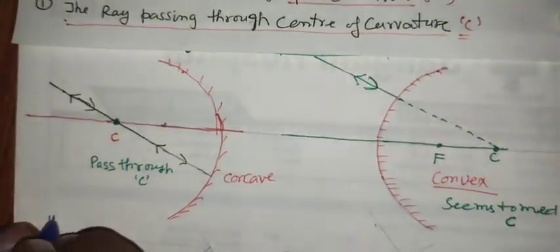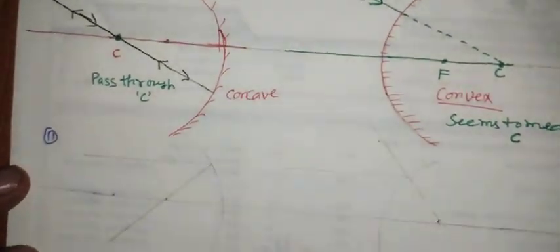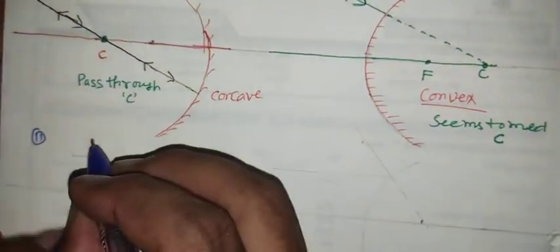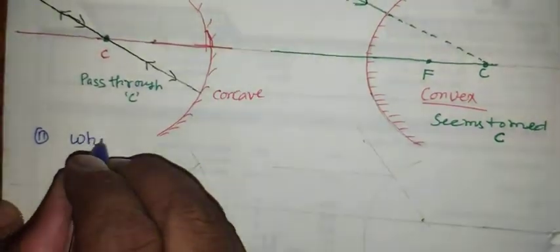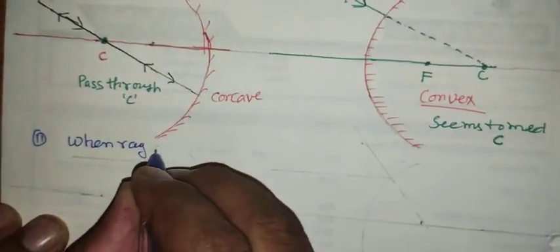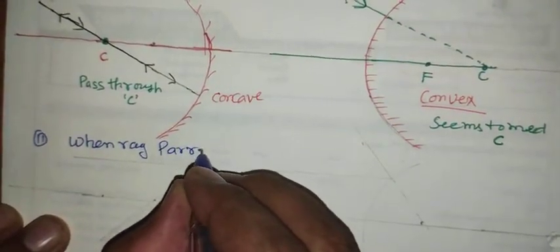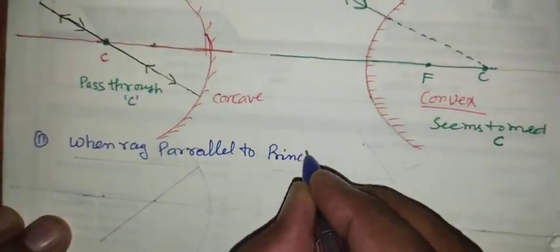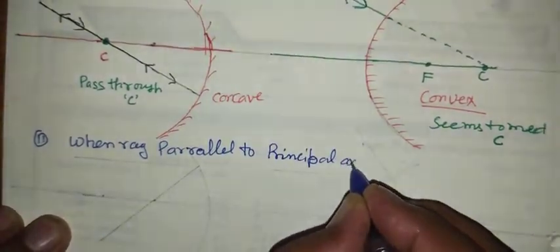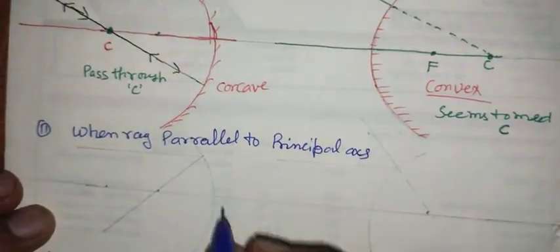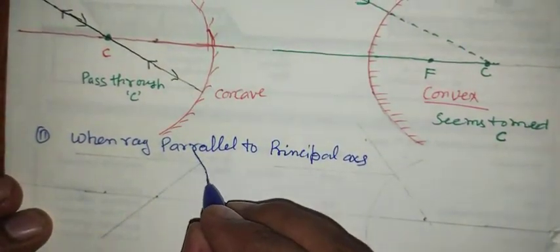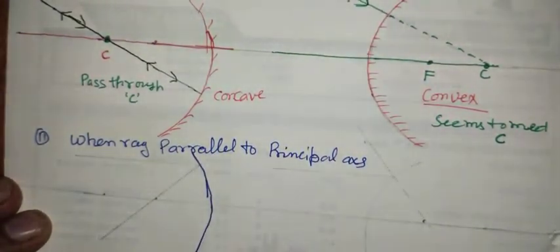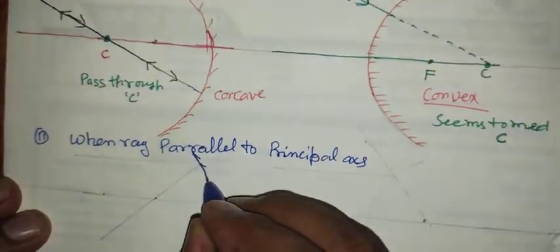What is the second? When a ray is parallel to the principal axis, see carefully. Let it be a concave mirror.